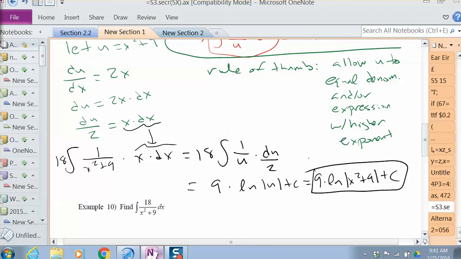Okay, example 10. What do you guys think? I mean, if I use u substitution, I'm not going to do the same technique, right? You can't let u equal x squared plus 9, since we'll be stuck with an extra x, right?